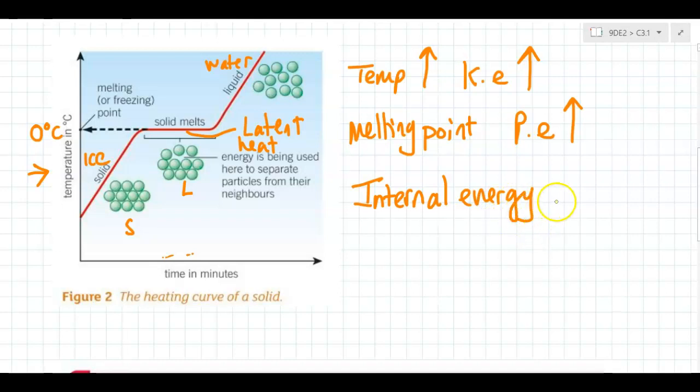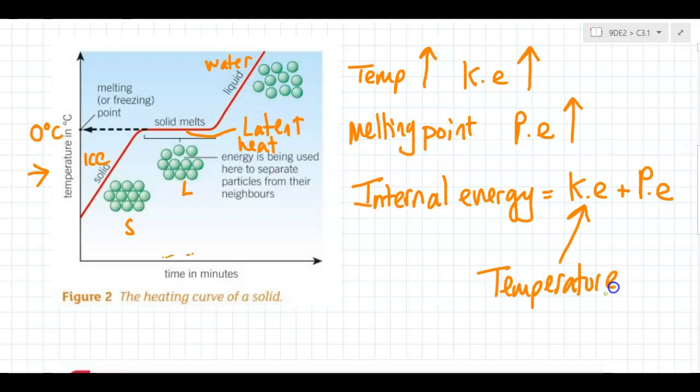And the internal energy is made up of how much kinetic energy the particles have, because they're moving, and then also how much potential energy they have because of their position. All right, so we've got two things that make up the energy in particles. This part is about temperature.